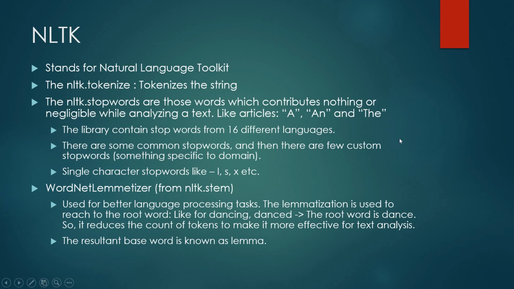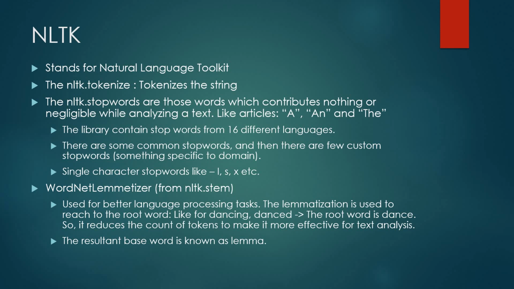In the Natural Language Toolkit, there are three packages we have used. One package is nltk.tokenize, which is used for tokenizing the string. Tokenizing means separating the words from the document. Suppose you write, my name is Vikash. Then every word, my, name, is, Vikash, are all different words.